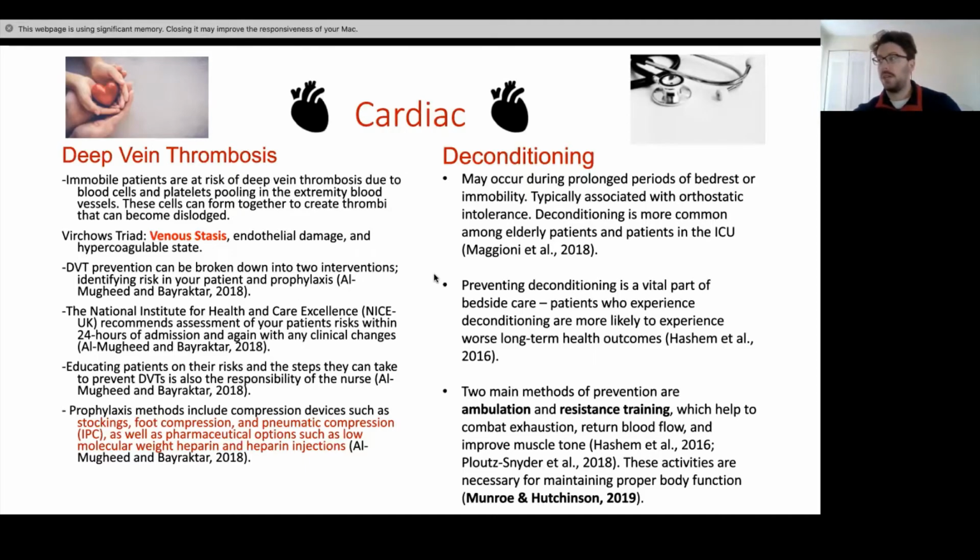Ambulation is necessary for maintaining proper heart function. If the patient is left in bed, the body will acclimate to this environment, and this will make the recovery process more challenging. With resistance training, this mitigates cardiovascular deconditioning by promoting body movement and maintains cardiovascular functioning.